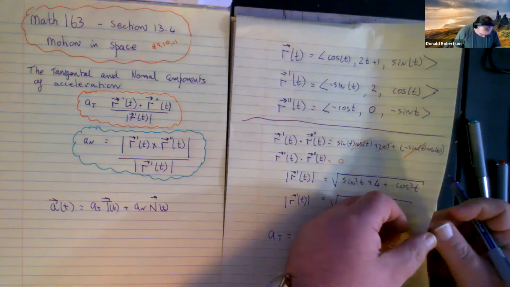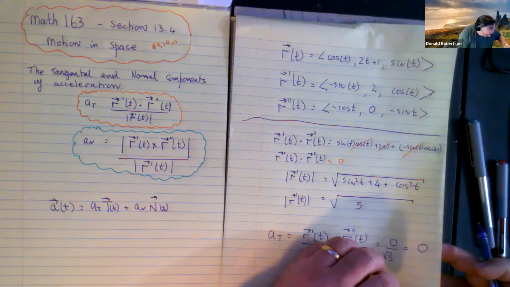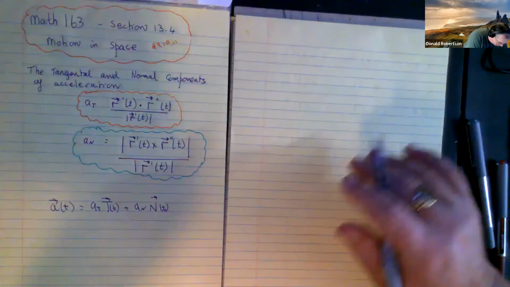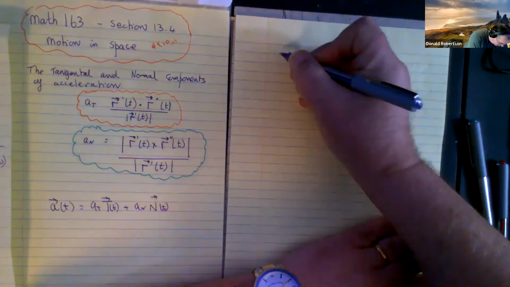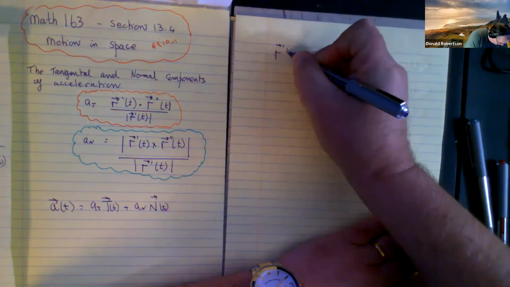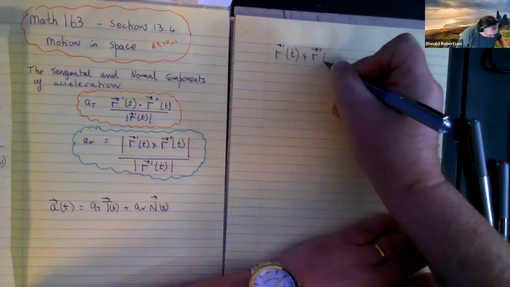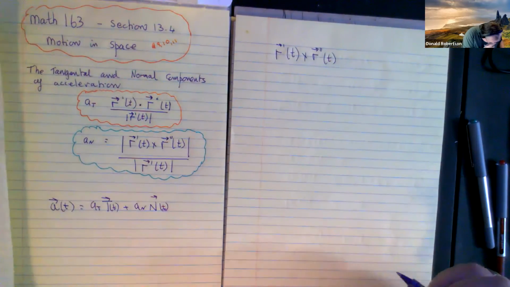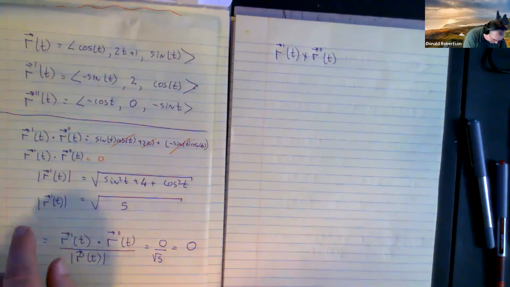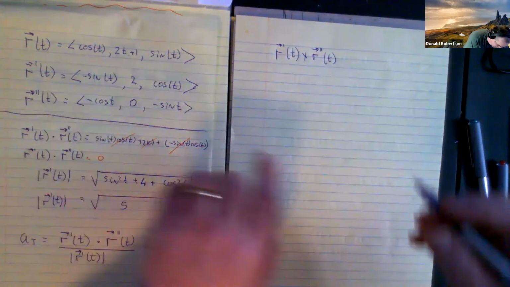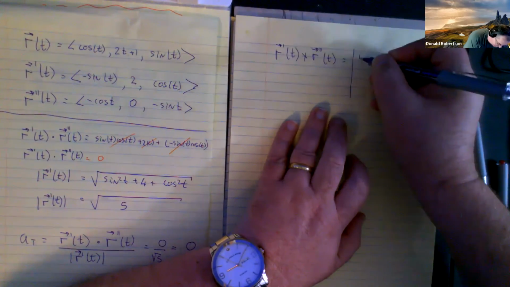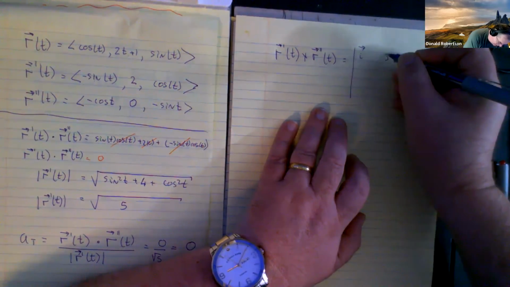Now we are going to move on to this one. So I now need to find the cross product of these two. So it's going to be i, j, k.